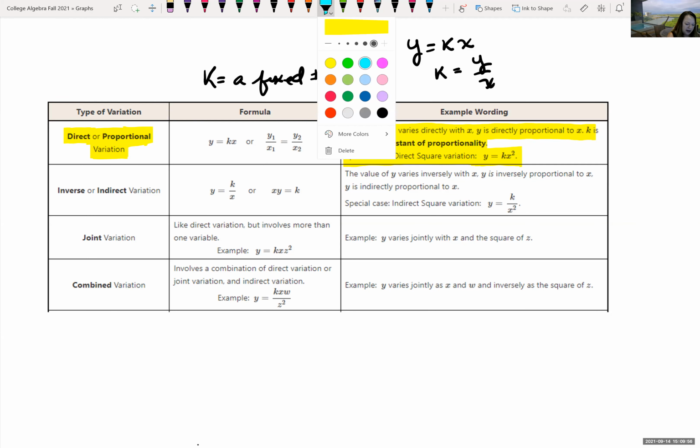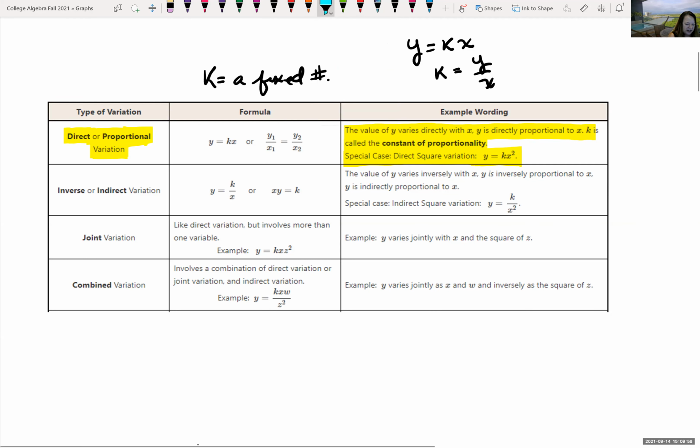If we're talking about inverse or indirect variation, the way that we write this is y is equal to k over x. We could solve for k right there by multiplying both sides by x. So what this would say is the value of y varies inversely with x, or we could say y is inversely proportional to x.